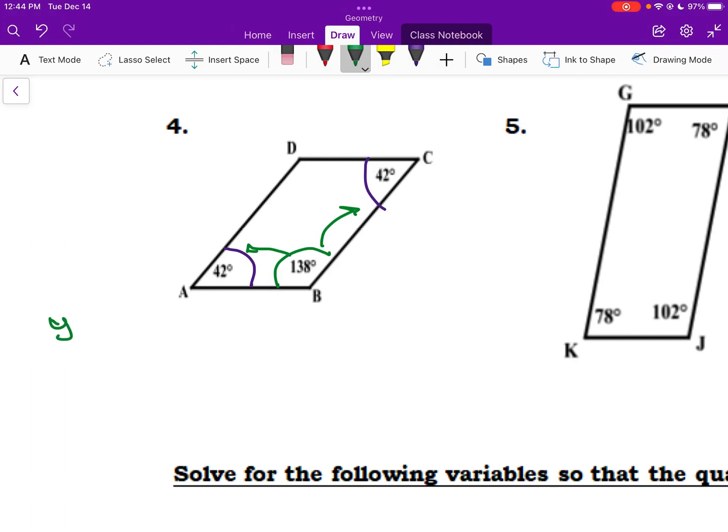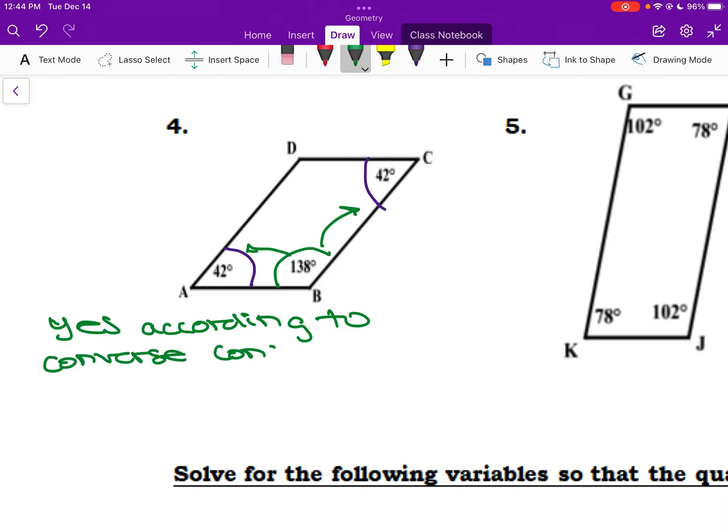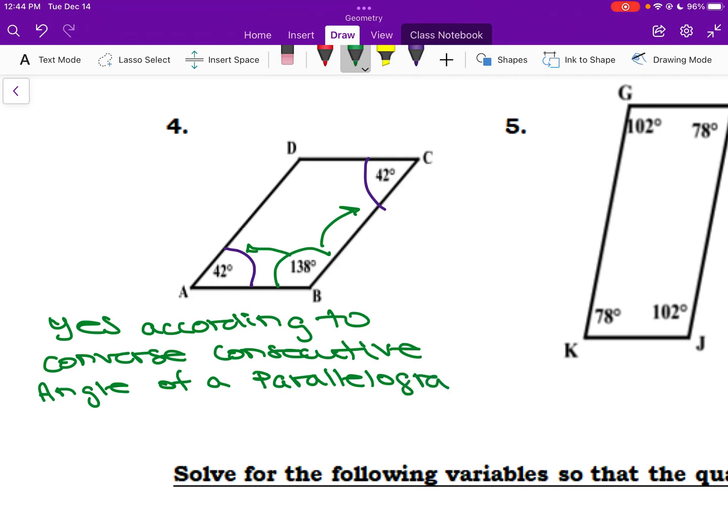So we would say yes, this is a parallelogram, according to the converse consecutive angle of a parallelogram theorem.